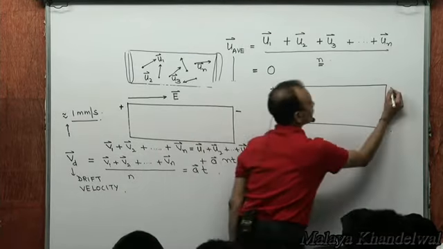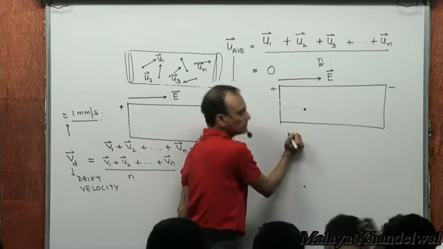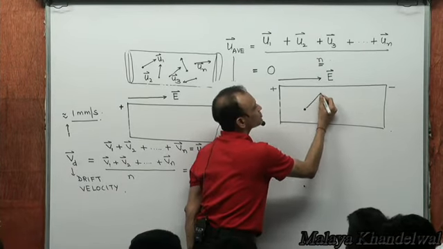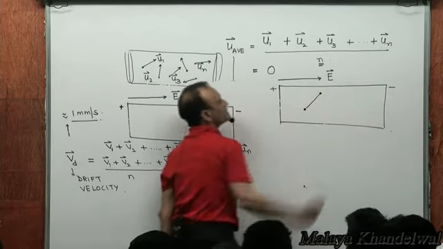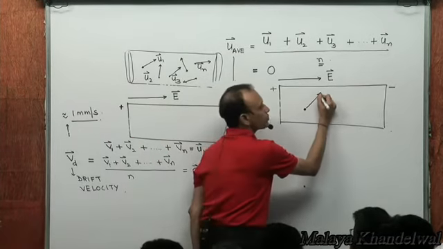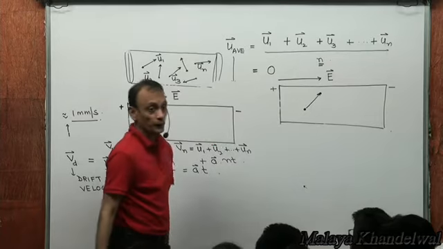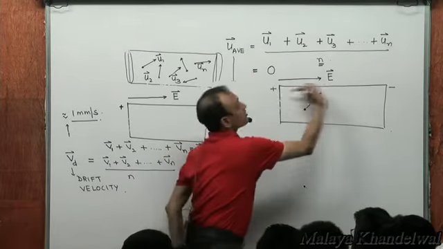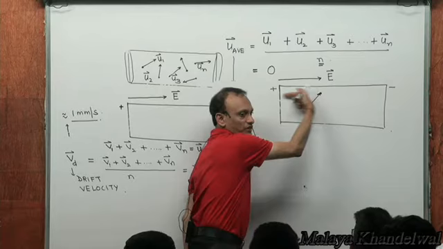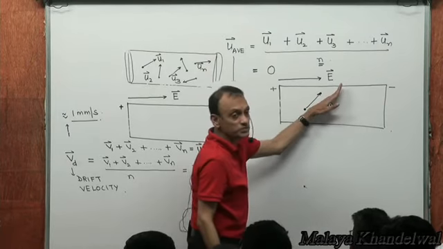Before E was applied, if this was an electron, it would have come to this point at the end of t seconds. But now there is an acceleration in this direction of the electron.